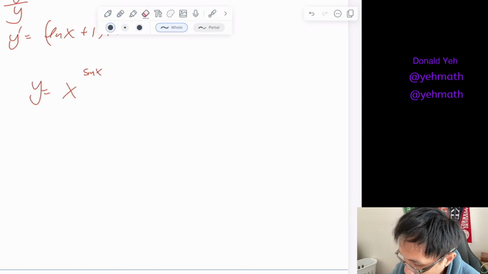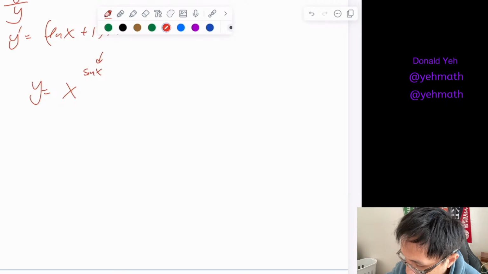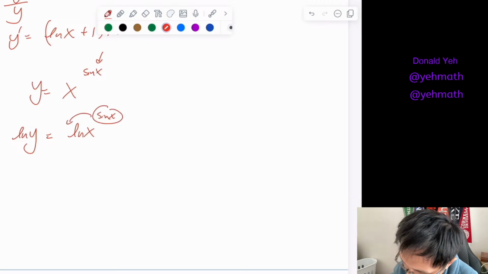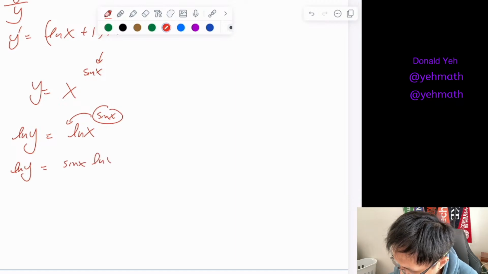So again, I know that this is not a number. I know that's an expression. So therefore I have to do natural log of y equal to natural log of x to the sine of x. Due to the power rule of logs, the exponent can come to the front. So ln of y equal to sine x ln of x.